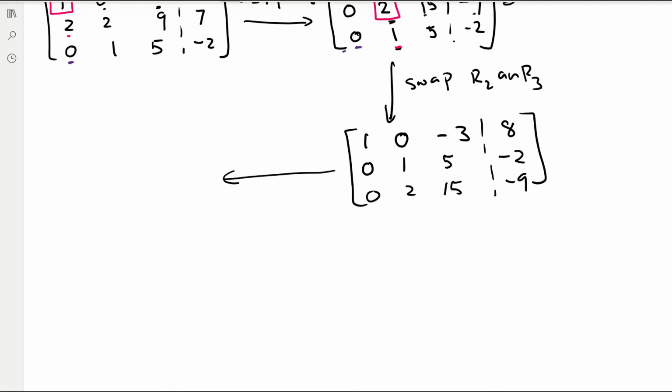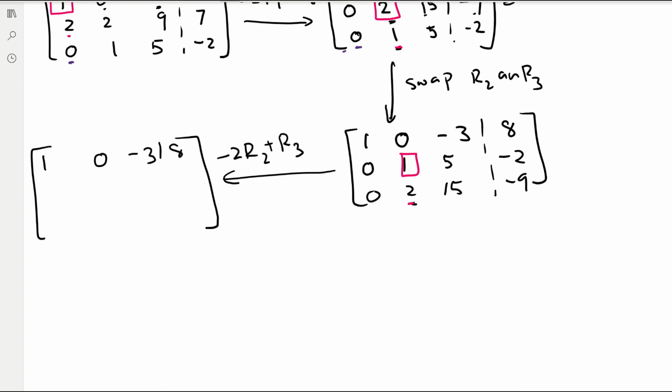But here it's avoidable. So now to make this 2 0, here's the new leading entry, right? To make this 2 0, I'm going to multiply the second row by -2 and add it to the third row. So then what we are going to get is 1, 0, -3, 8. The first row has no multiplication. 0, 1, 5, -2.